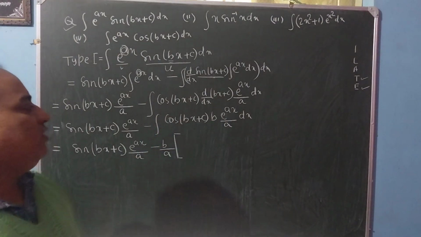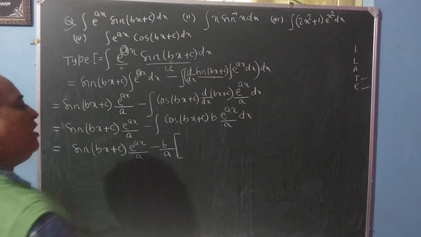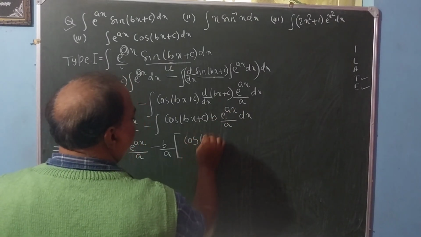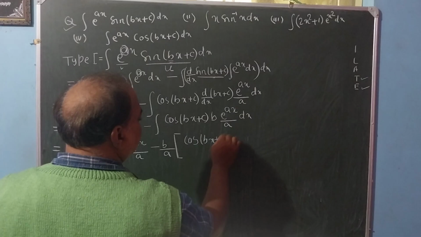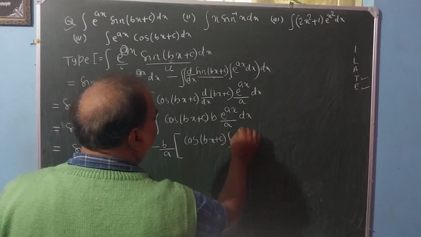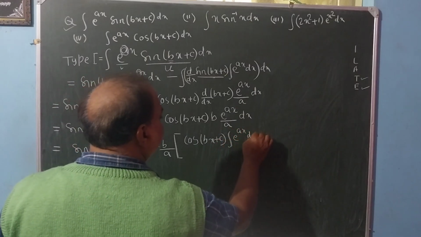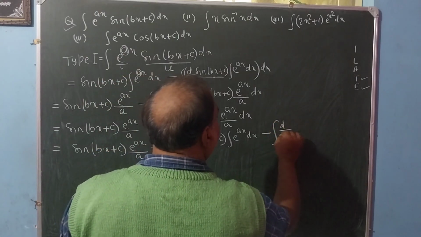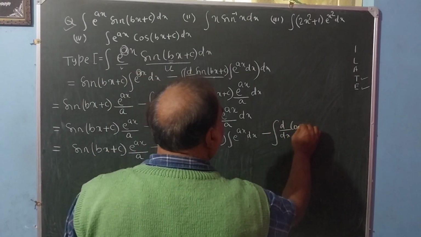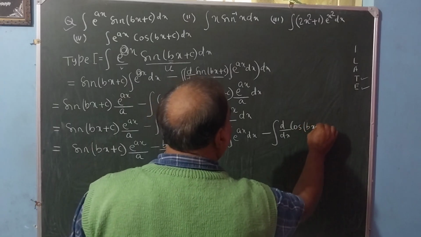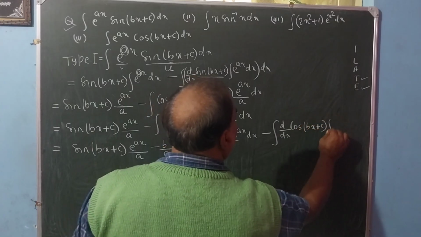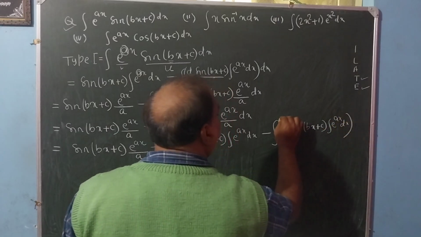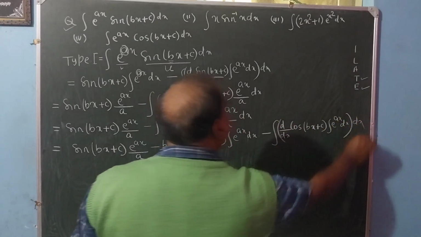Again applying integration by parts: first function cos(bx plus c) times integration of e to the power ax dx, minus integration of the derivative of cos(bx plus c) times integration of e to the power ax dx, whole into dx.